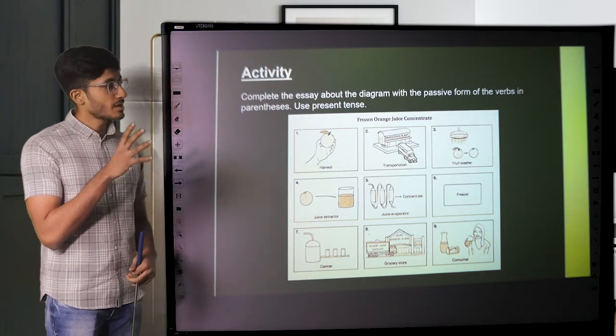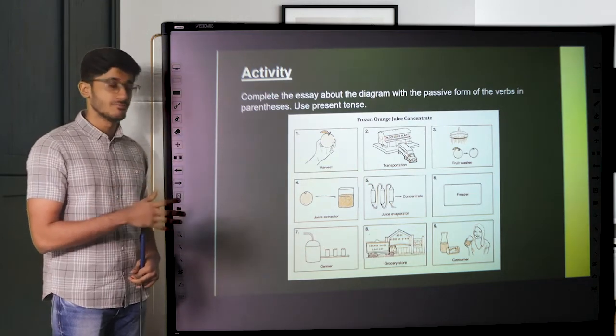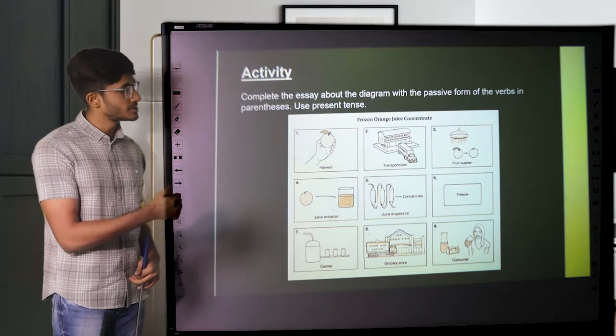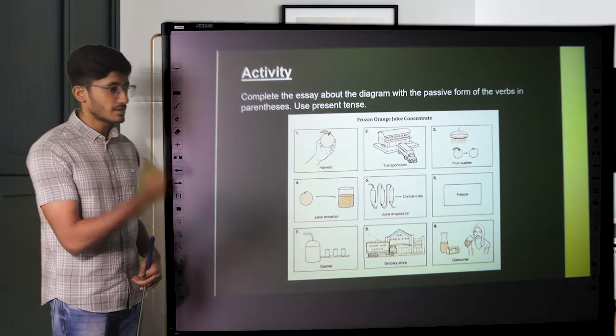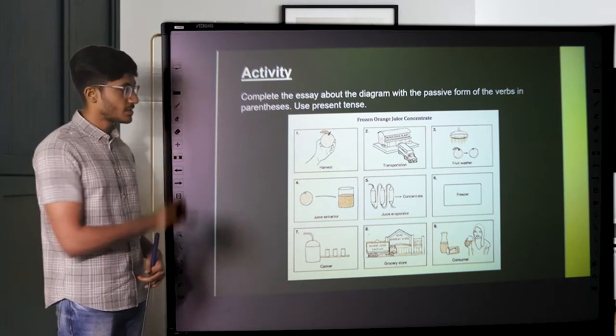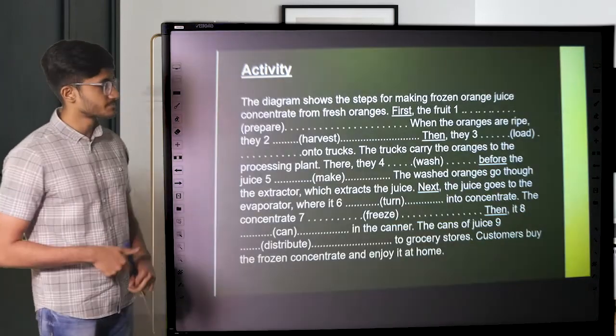So till now, the elements that I have mentioned for writing the body are using the passive form of the verbs and using sequential words. You're going to write the essay, and the essay looks like this.